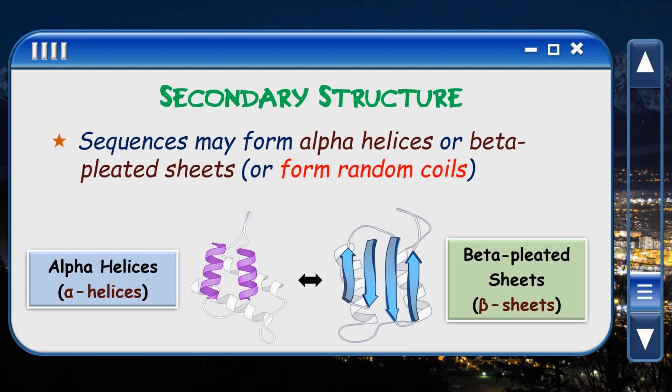Sequences may form alpha helix or beta pleated sheets or form random coils. So we are forming the different coils. I told you this one here, we have the alpha helix. The alpha helix is this one here, which we are having here. They are just rotating around.